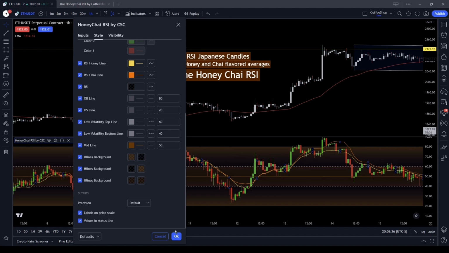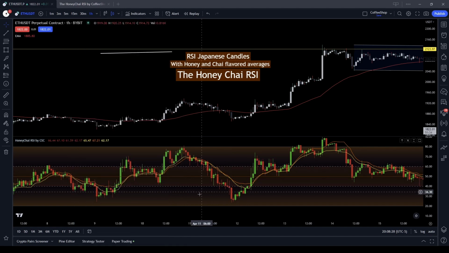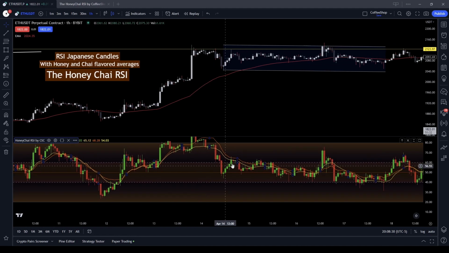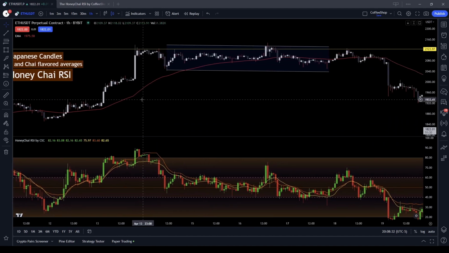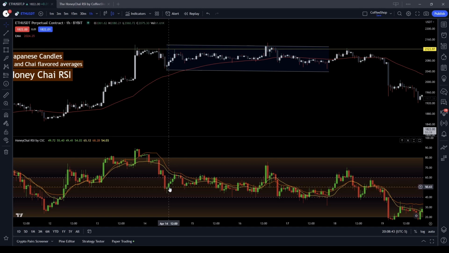So let me just kind of leave these lines on there. So you see your range bound area. Let me show you a nice strong range right here. You can see that the Heiken Ashi candles, your Japanese candles come down, right? And they get into this 50 level of the RSI. They only get down to this level, which means you are in the high part of the range, okay? So now that you've marked this up, you just simply look for what is your recent high, right?